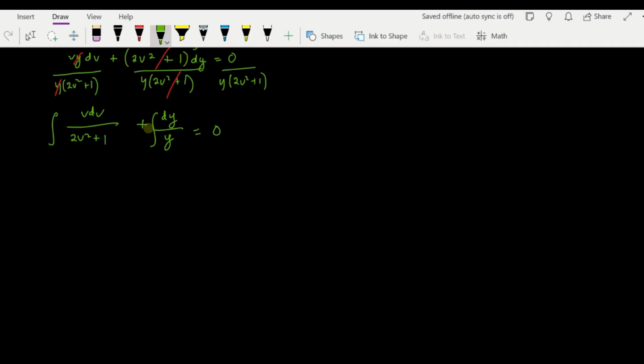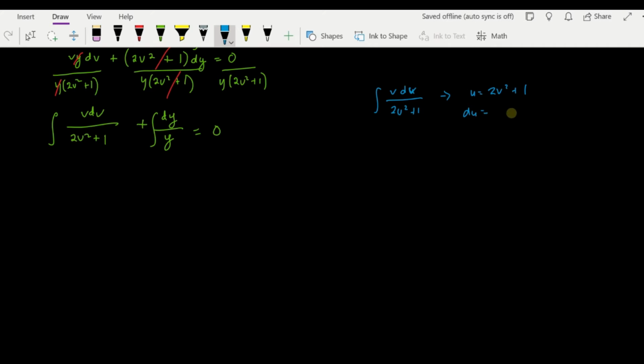Okay, paano? So, ang gagawin lang, dito, to find the integral of this, gagamit lang tayo ng substitution. Okay. So, pakikita ko dito sa right side. So, to find the integral of v dv all over 2v squared plus 1, what you're going to do is to let u equals 2v squared plus 1.